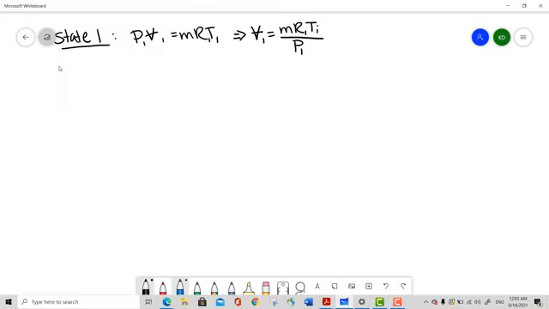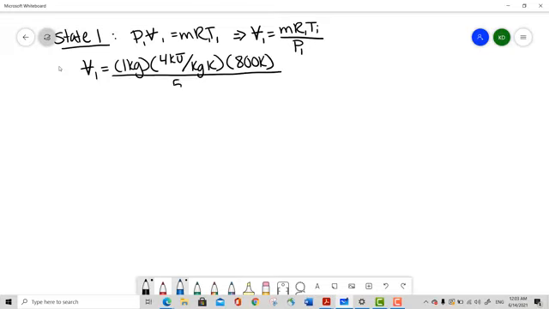And so then we can just plug in. We've got 1 kilogram, 4 kilojoules over kilogram Kelvin, and then 800 Kelvin over 500 kilopascals.